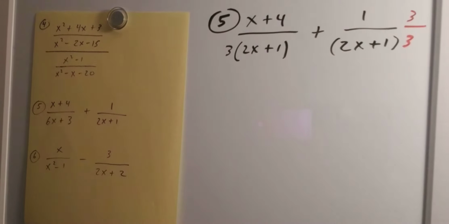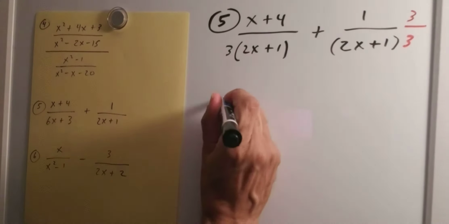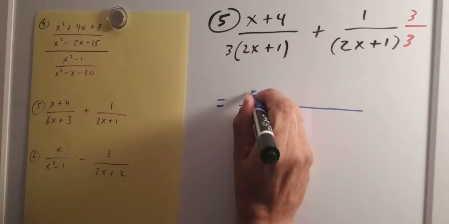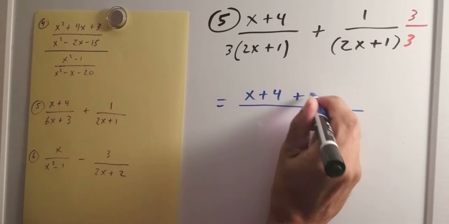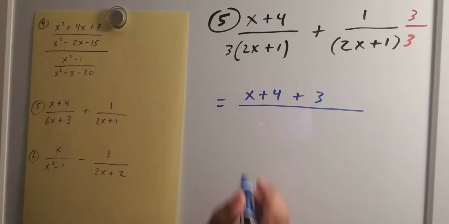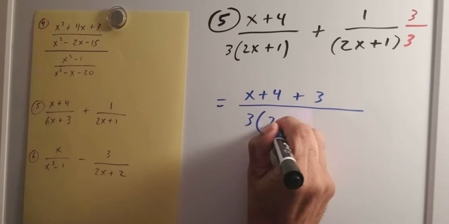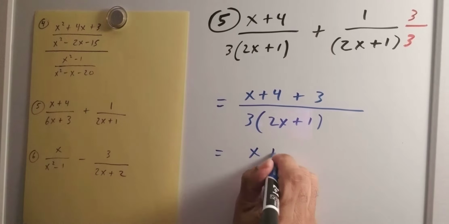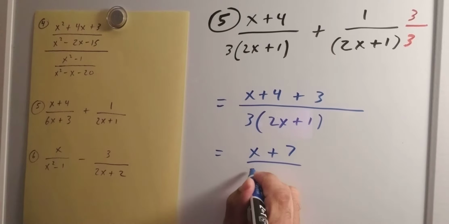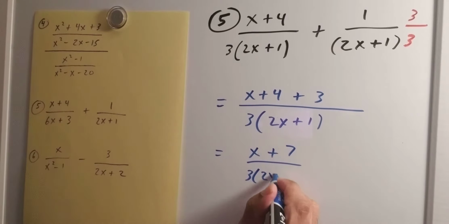That brings us to numerator of x plus 4 times, or plus 3, and denominator 3 times 2x plus 1. This simplifies to x plus 7 over 3 times 2x plus 1.